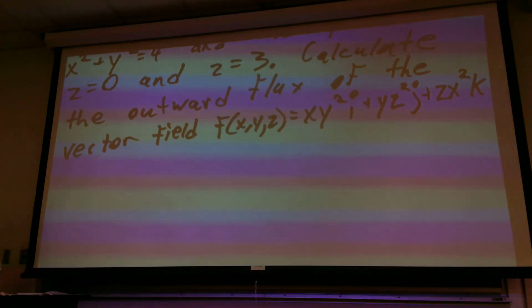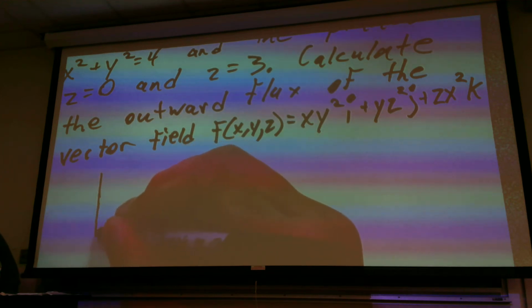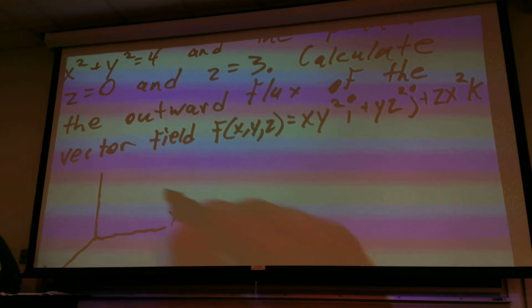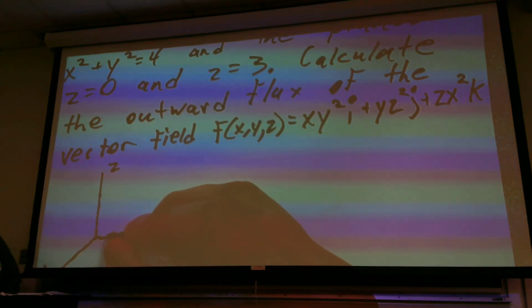So how would I describe this solid? I have my x, my y, and my z. This is a circle with a radius of 2, so 1 and 2, and 1 and 2.